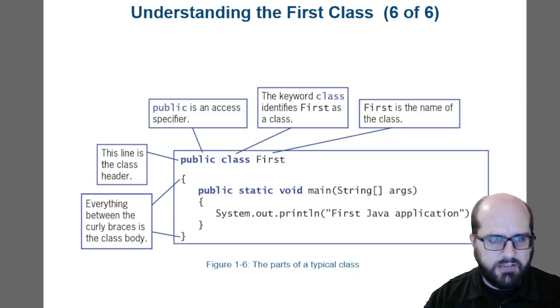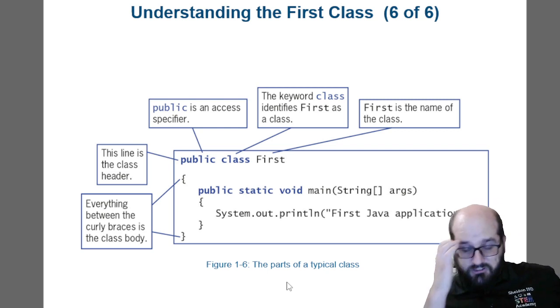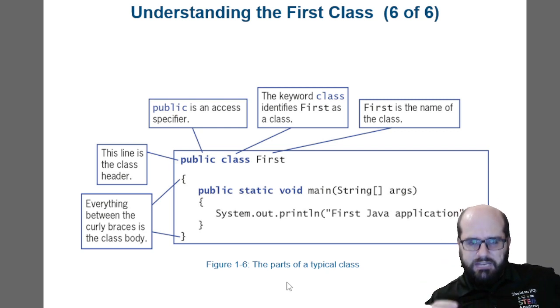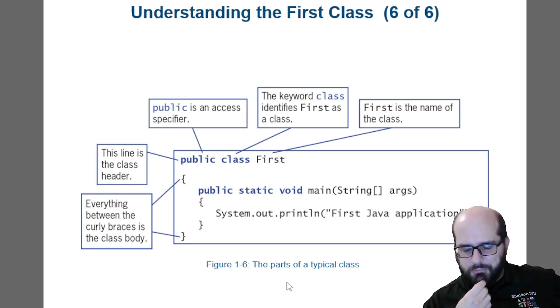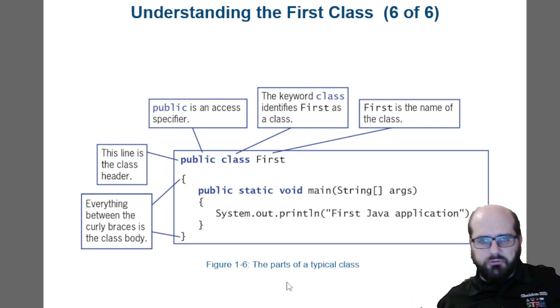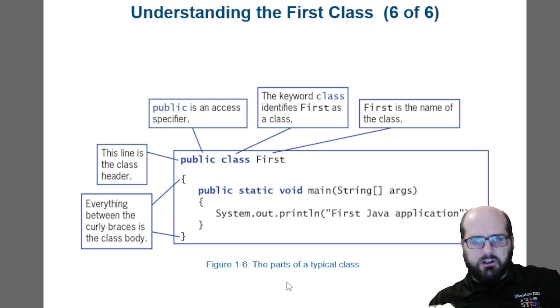So let's look at this class directly. Public is an access specifier. It means that anyone can access it, inside or outside. They can see that class. Classes generally should be public, and for the scope of this course, most of our classes will be public. The word class identifies this as a class.